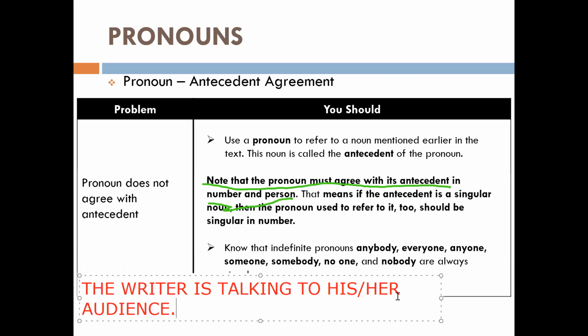Yung iba kasing ginagawa, the writer talks to his audience. Eh, paano kung babae yung writer? Oh, sir, gawin kong his or her para safe.